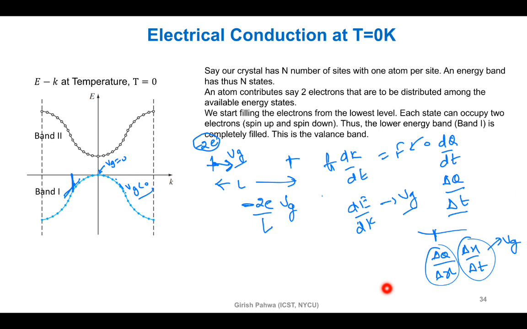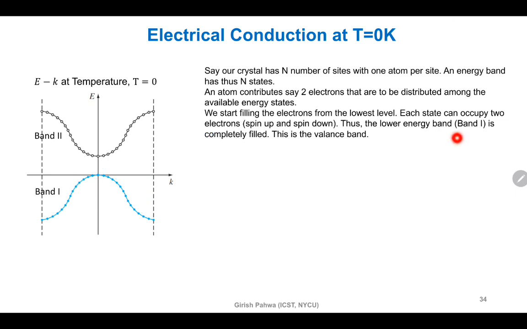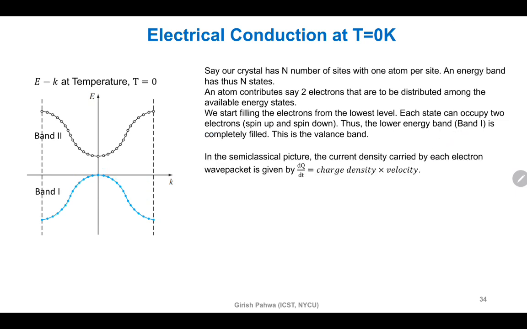Yes? How much is going to be the total current? You need to do the summation of currents contributed by all the electrons which are there. So current is always some charge density times velocity.